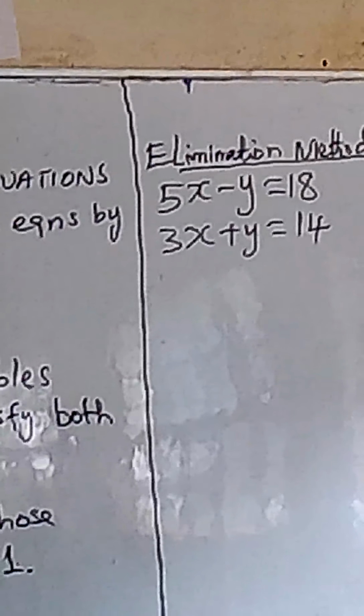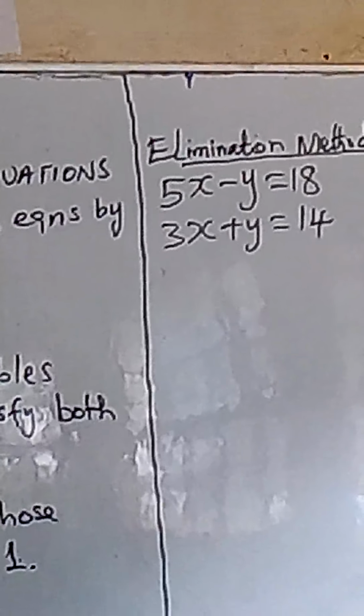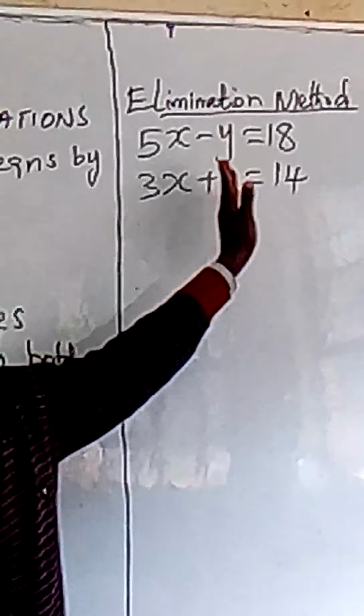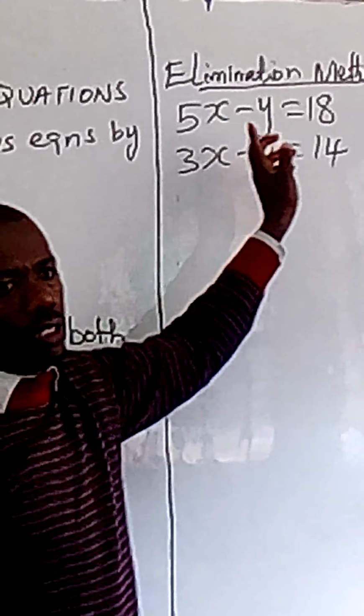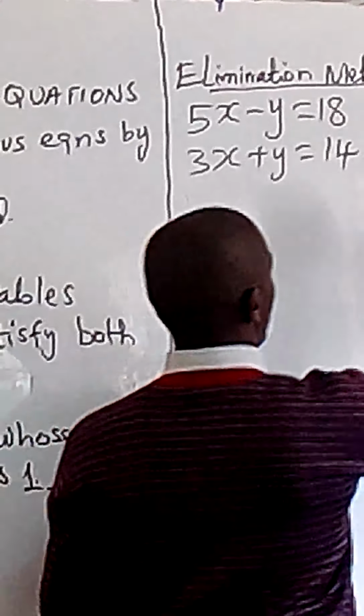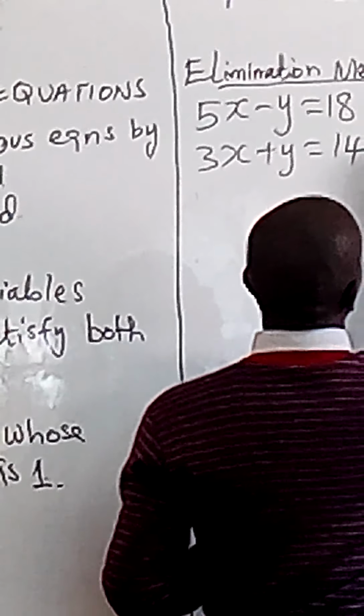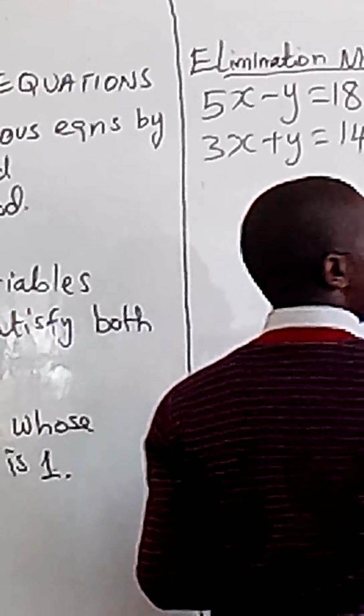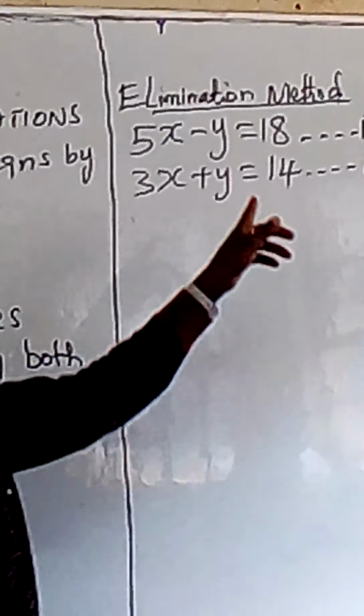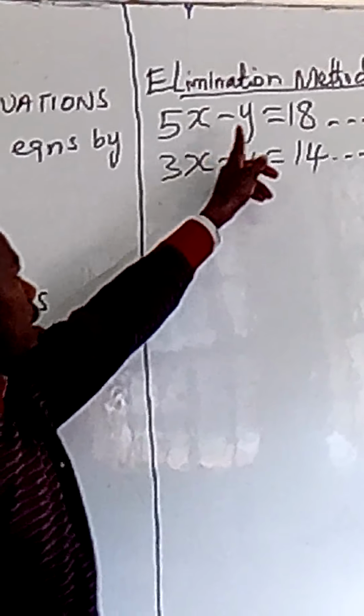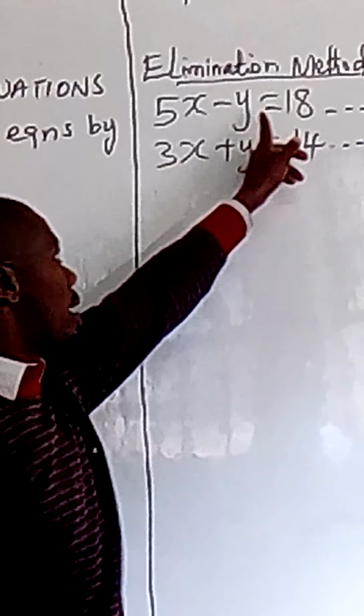Now, when we talk about the elimination method, we are talking about these two equations. If you look at them, they have two unknowns. This is equation 1, this is equation 2. Equation 1 has unknown value x, unknown value y.